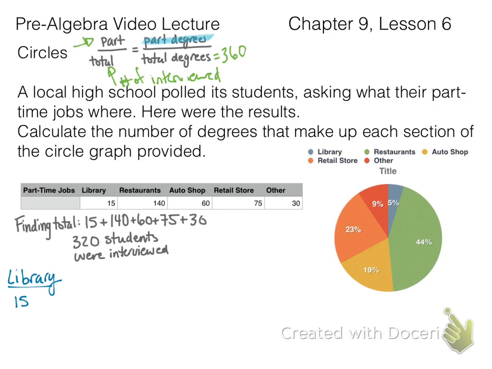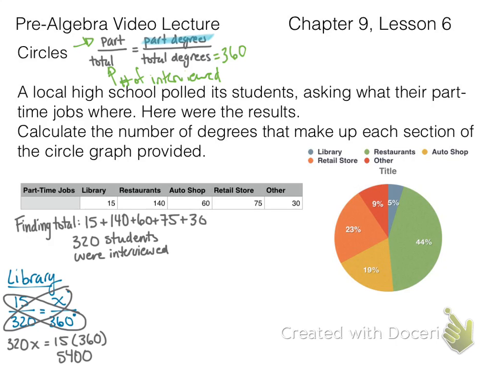So for the library, only 15 people said that they worked for the library, but this was out of 320 people, and that's going to equal the number of degrees out of 360 that my total circle is. So again, cross product, and we are going to figure out that the number of library students represents 16.875 degrees. All right. Let's do other next because it's the next smallest, and I'm just kind of doing them out of order, which is fine.